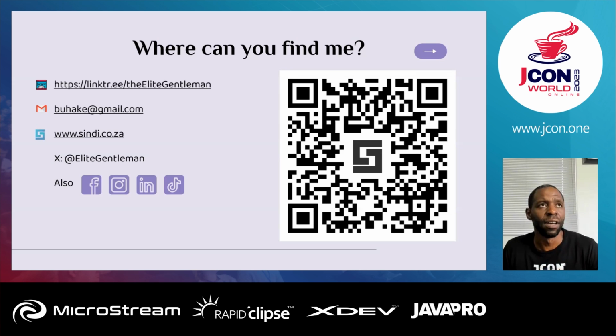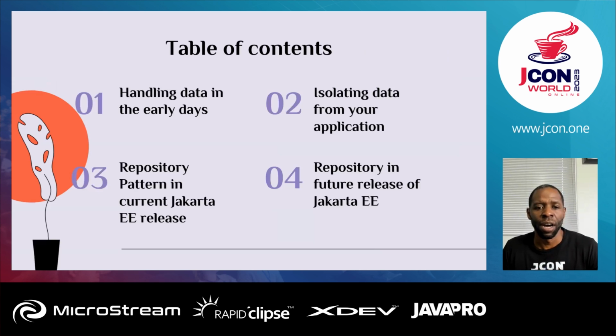I'll be breaking down my content into 6 major sections, but the first 4 sections are basically discussing how data was handled in the early days of Java EE, and the problems and challenges that existed before then.